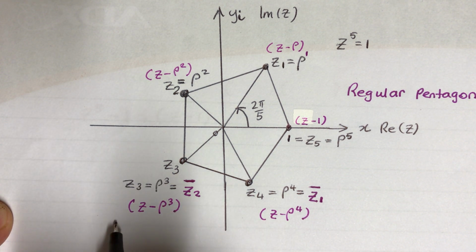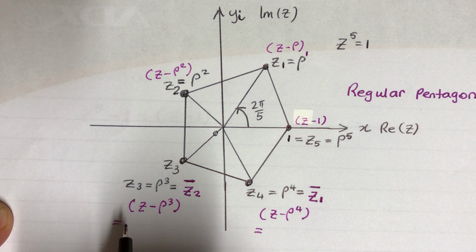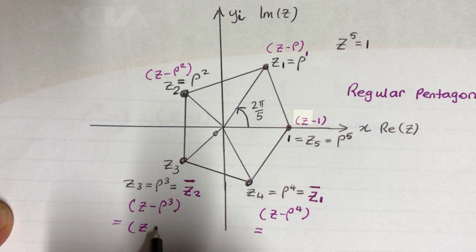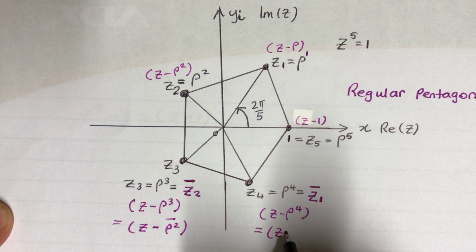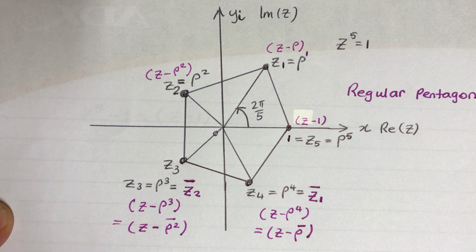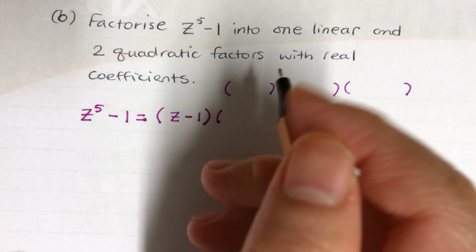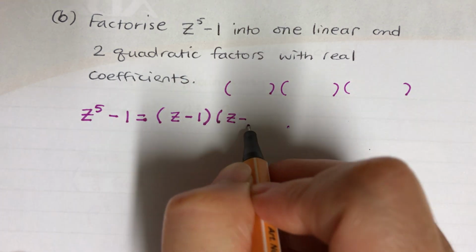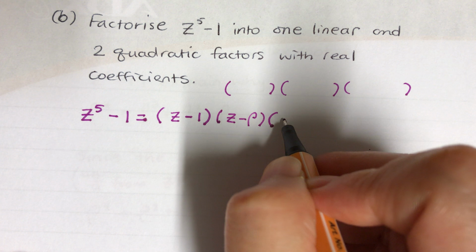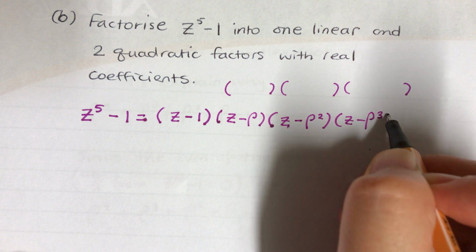Okay, now these ones we can change, since it's a conjugate pair, so I'm going to change this one to z minus the conjugate of rho squared. Okay, so then we can put these into the form. So I'm going to do that right now. So this one was z minus rho. I'll just write it as it is first, squared, cubed.